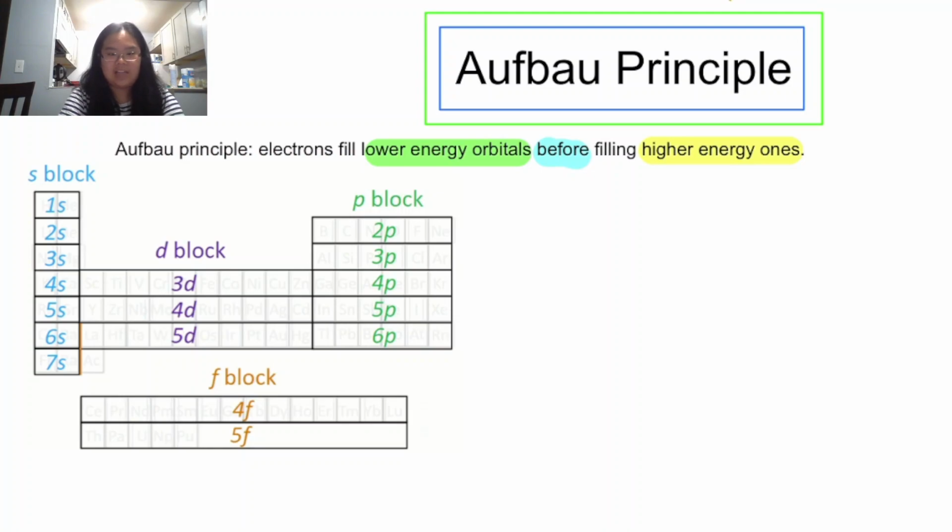Sometimes you'll be asked to rank the energy levels of orbitals without a periodic table. When that happens, you need to draw this diagram. To draw the diagram, first list all of the s orbitals on the left side. The s orbitals go from 1 to 7.